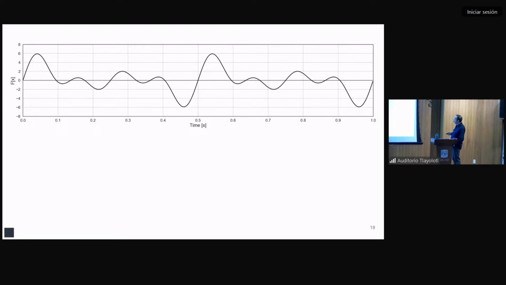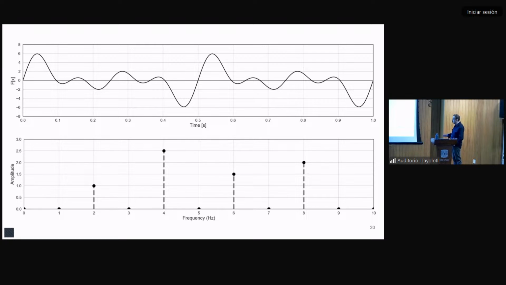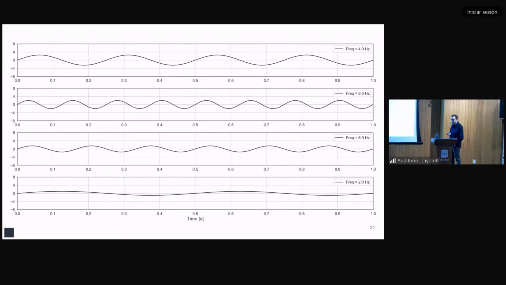So if we have a time series, a continuous function, using a Fourier transform we can find exactly what frequencies compose the original time series. And with these frequencies, we can know the waves that, summed together, exactly explain the original time series.